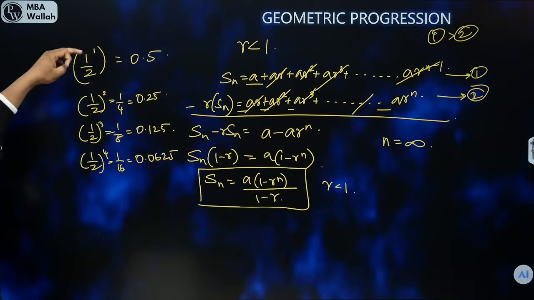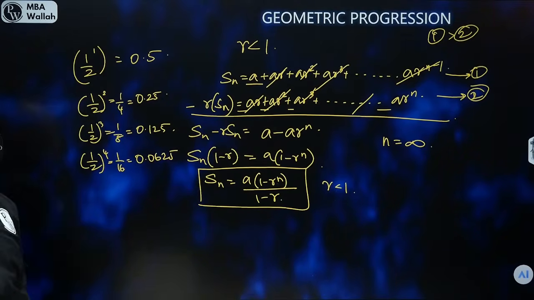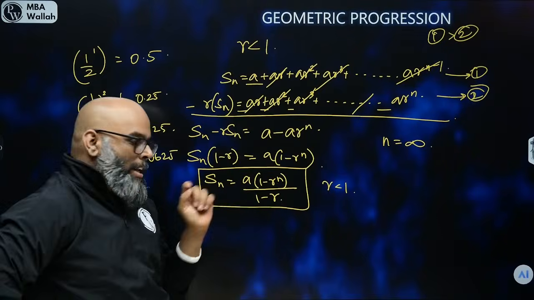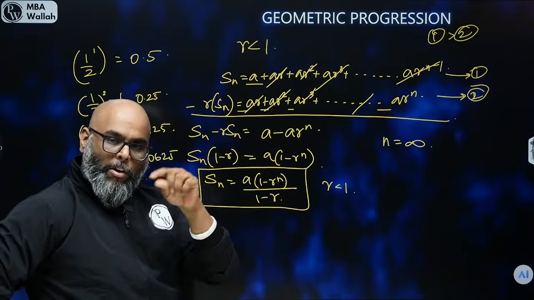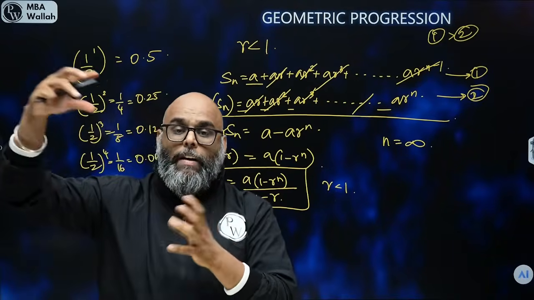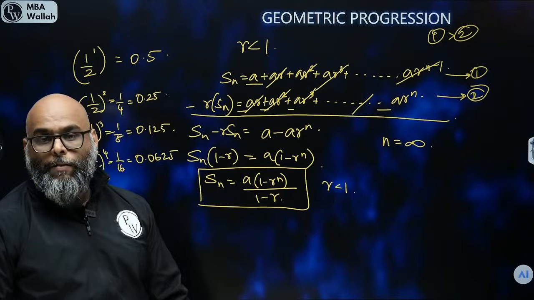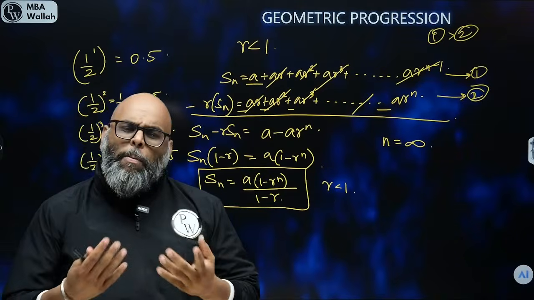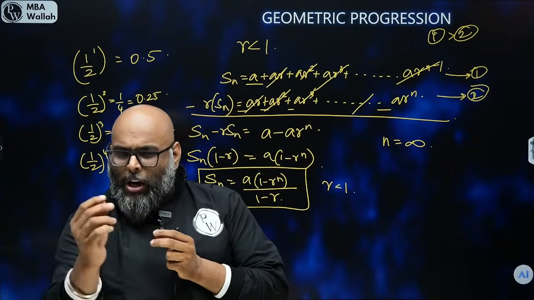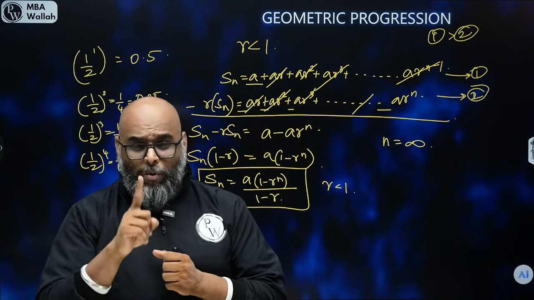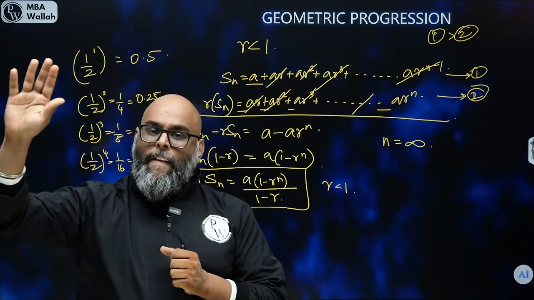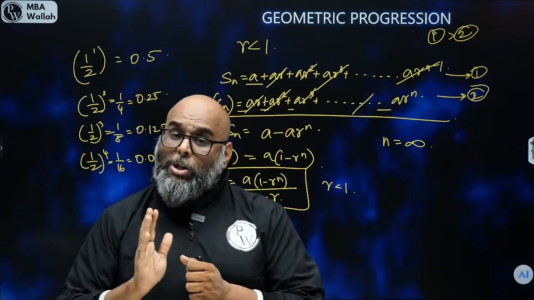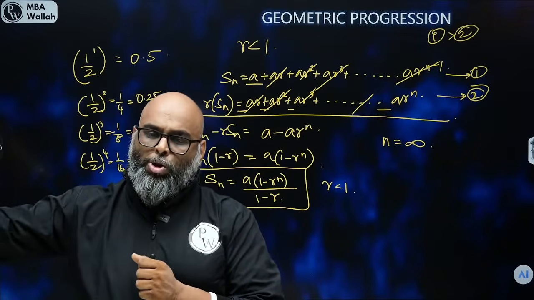If you notice, when the power keeps increasing, the value keeps decreasing, right? So I know r is less than 1, it's a fraction, it is 0 point something. If I put n equal to infinity, the larger the value of n, the smaller the value of r power n. At some point, it will almost converge with 0, it will never become 0. Remember that r power n for any value of n, even infinity, will never be equal to 0, but it is almost close to 0.